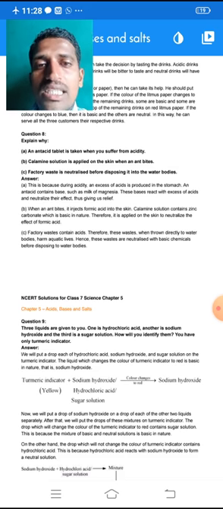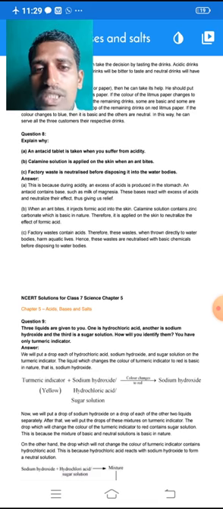Hence an antacid containing a base such as milk of magnesia is added to that, in the form of tablet or injection. This base reacts with the excess amount of acid and neutralizes the effect of the acid and thus gives relief from the pain. So this is the answer for question number 8A.